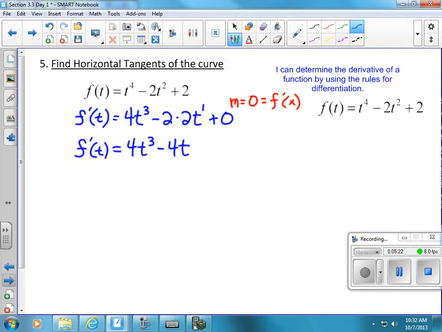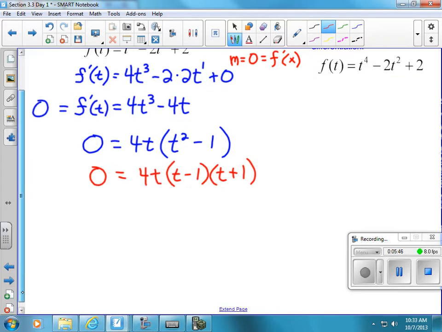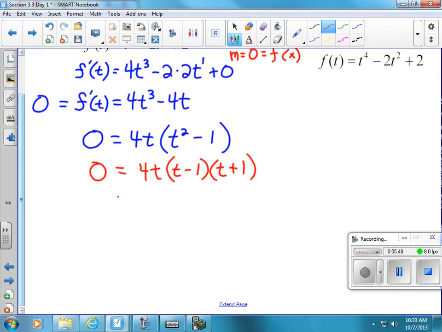Now, we said we're going to set this equal to 0. When we set a function like this equal to 0, in order to find the t's, we need to factor it. So let's factor out a 4t, and you get t squared minus 1. And t squared minus 1, we know that's the difference of two squares. So now, wow, we actually have 3 points where this derivative equals 0.